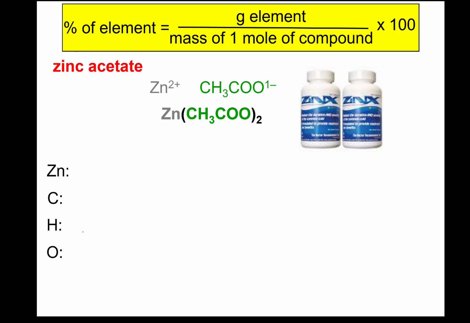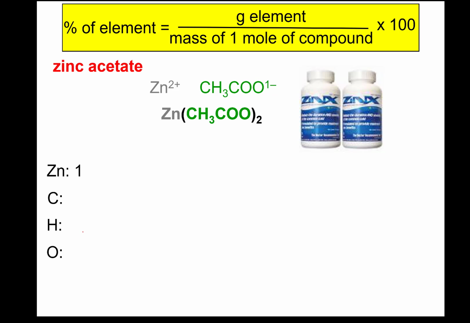So we list out the 4 different elements that we have. Be careful when you figure out how many atoms there are of each one. So there's only 1 zinc. Carbon, look at the formula real quick, see how many there are.